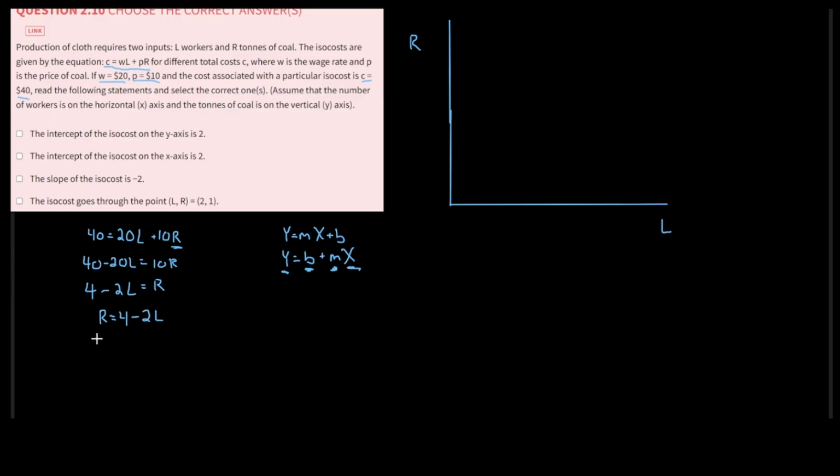And essentially what we've just done here is written y equals b minus mx. That is to say, what our value of r is, well, that's the vertical value. 4, that's our vertical intercept. -2, that's our slope. L, that's just the value on our horizontal axis.